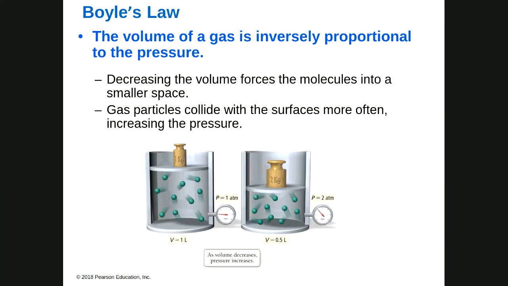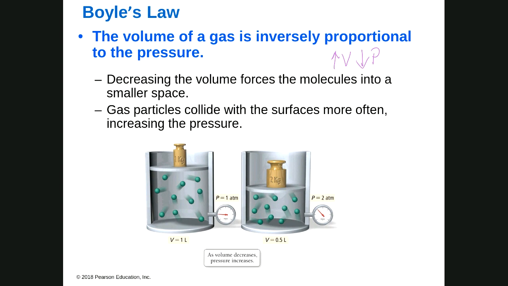So Boyle's Law says that the volume of gas is inversely proportional to the pressure. Basically what that means is if you increase the pressure, you decrease the volume, and if you decrease the pressure, you increase the volume, and vice versa. Okay, so whatever you do to one, you're going to do the opposite of the other, and it's going to be equal in magnitude.